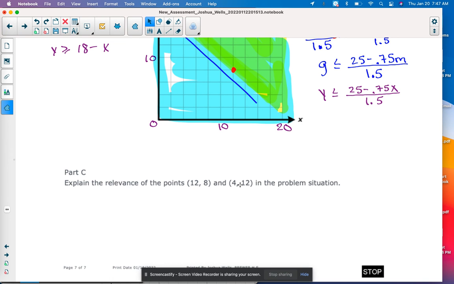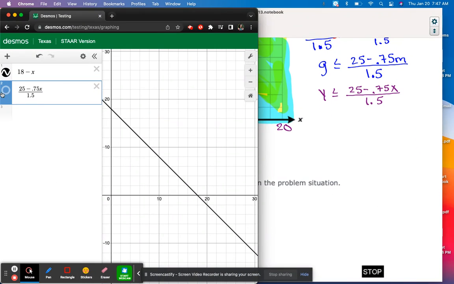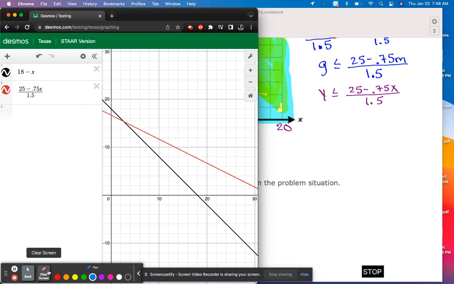And if I look at the other graph right here, 12, 8, and keep in mind that our shared region is right inside this triangle. So 12, 8, so 2, 4, 6, 8 is right there.